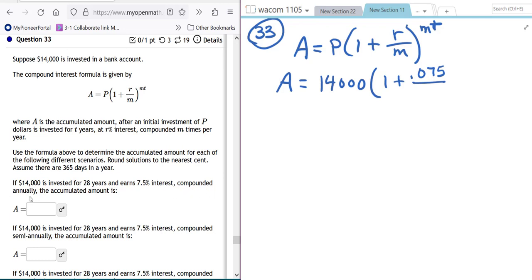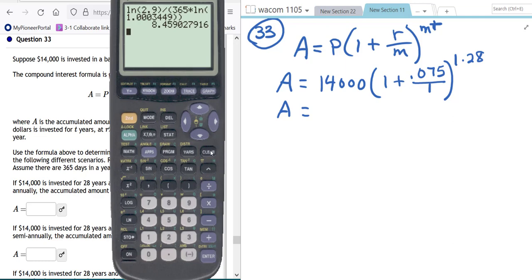That means it only compounds 1 time in a year. So it would have to say compounded daily for you to use the 365. So I thought that was a little tricky myself. And 28 years.